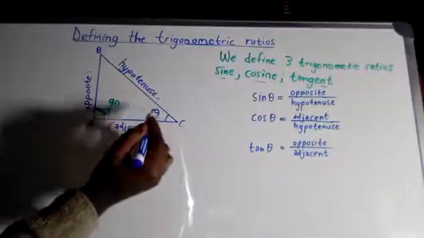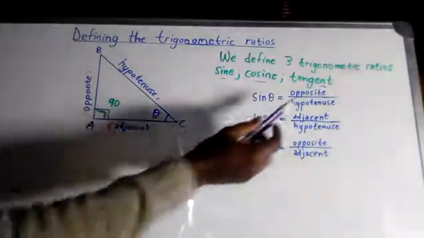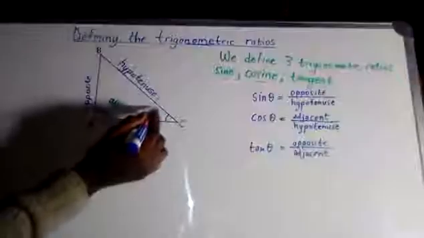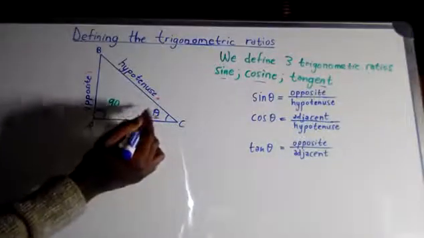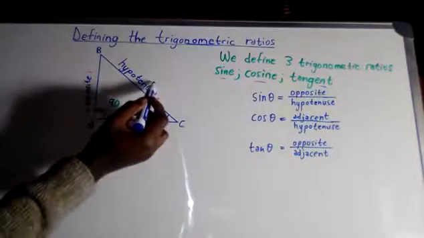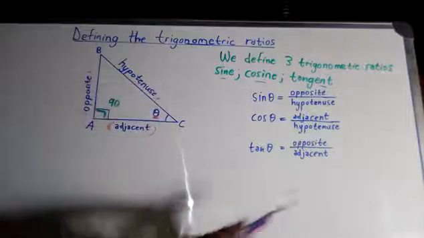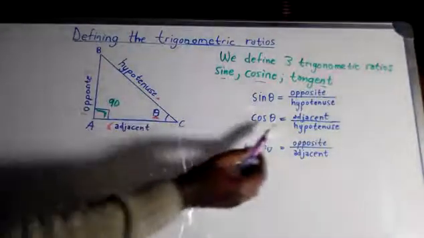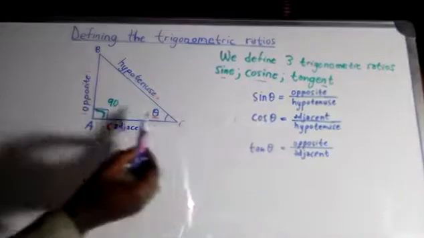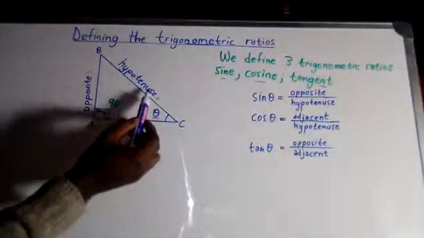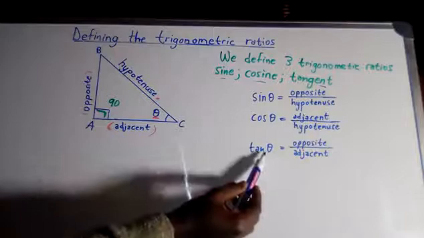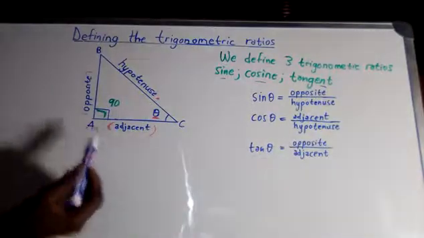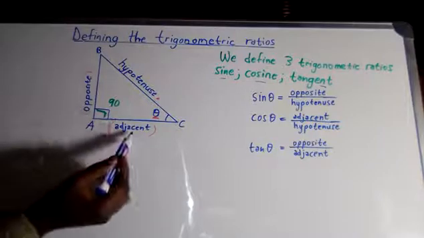To define sine, we use opposite over hypotenuse. Also, looking at the angle theta, cos is adjacent over hypotenuse, and tan theta is equal to opposite over adjacent.